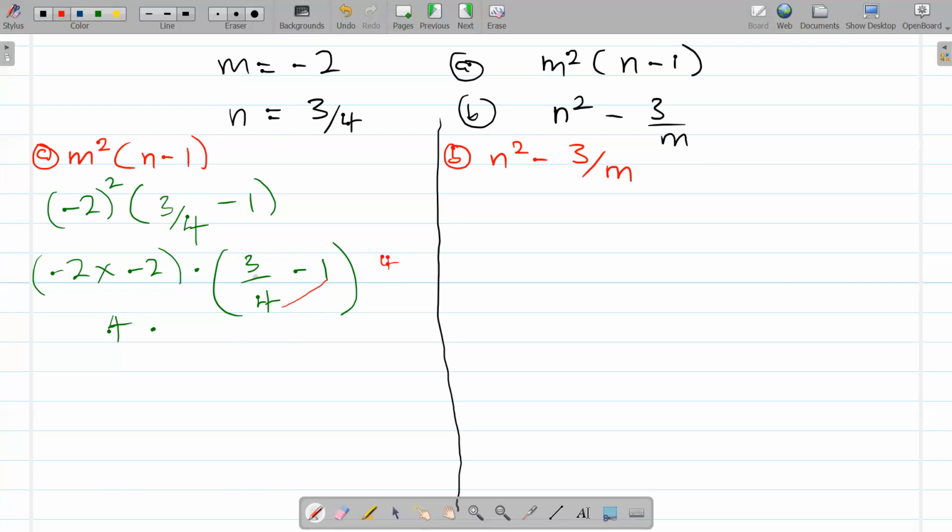Then 3 minus 4, we are going to get negative 1. So we get negative 1 over 4. Like this. And this 4 is also over 1, right?